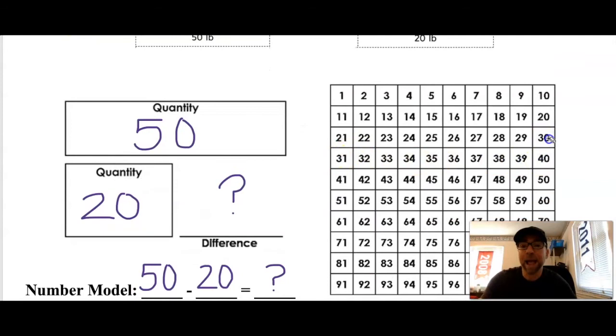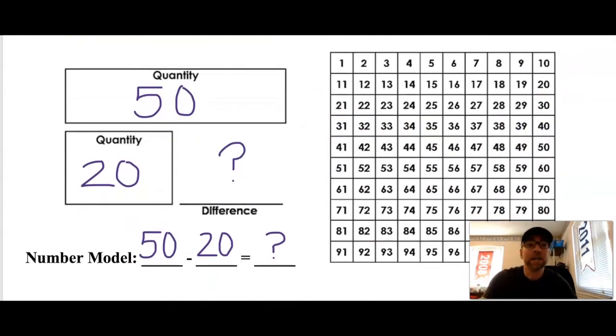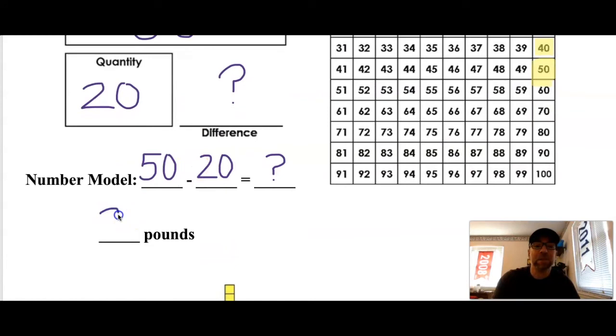I can count back by starting at 50 and then going up the elevator by tens. 10, 20. And I still landed on the number 30. One of those ways is a long way. The other way is an efficient way, a quick way to do it. But both ways, I ended up getting the answer 30 pounds.